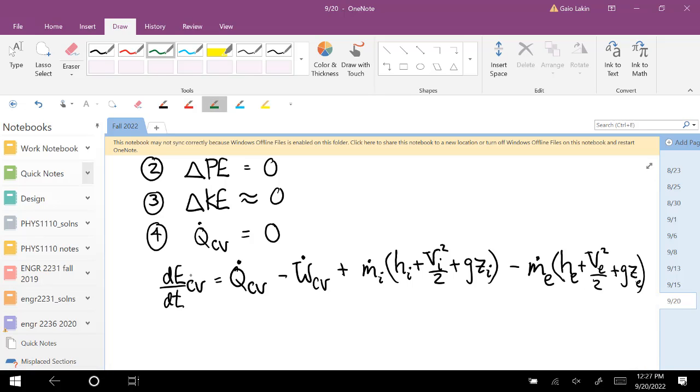So we assume steady state, so that goes away. We'll just be dealing with one single rate of mass flow, m dot. Then we're going to cancel the potential energies. And we know it's non-zero, but we're going to ignore the change in kinetic energies.